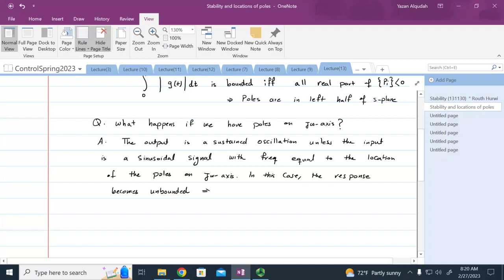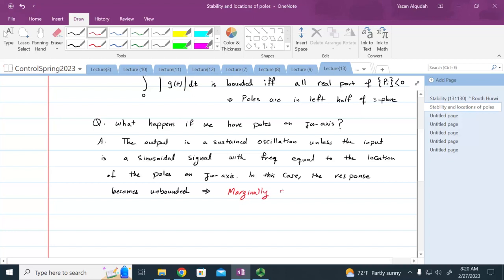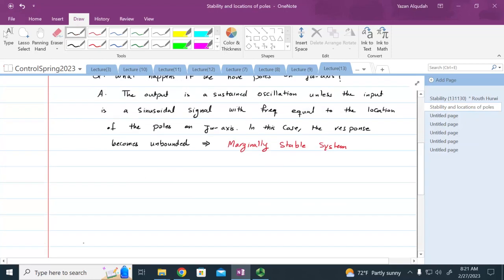And what do we call the system? Marginally stable. Okay, so let's look at an example and see how that works.